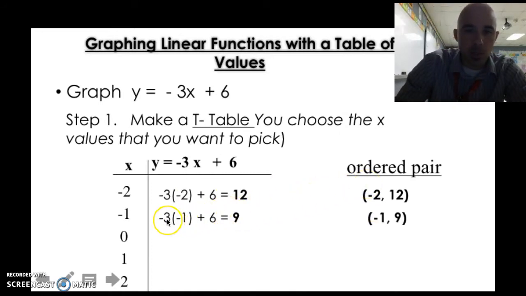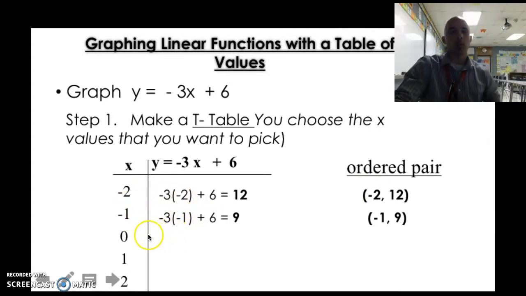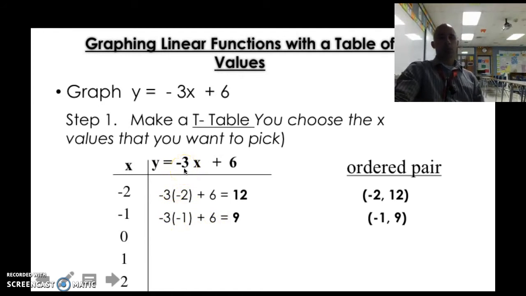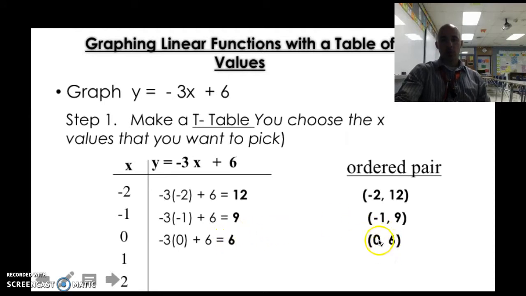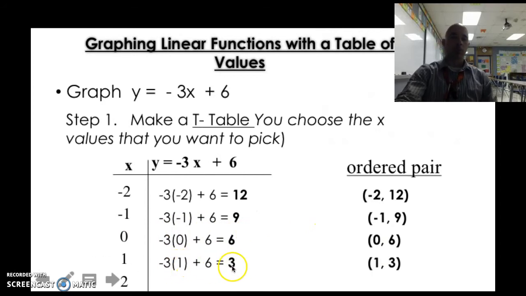All right, -3 times -1, which is your x value, plus 6. 3 plus 6 is 9. -3 times 0 plus 6 is 6. You're going to plot 0 for your x, 6 for your y. -3 times 1 is -3, plus 6 is 3. And -3 times 2 plus 6 equals 0.